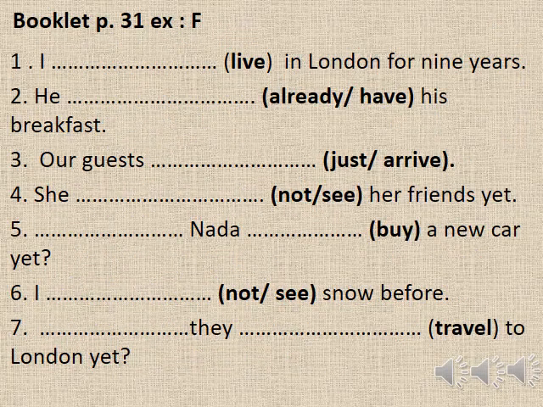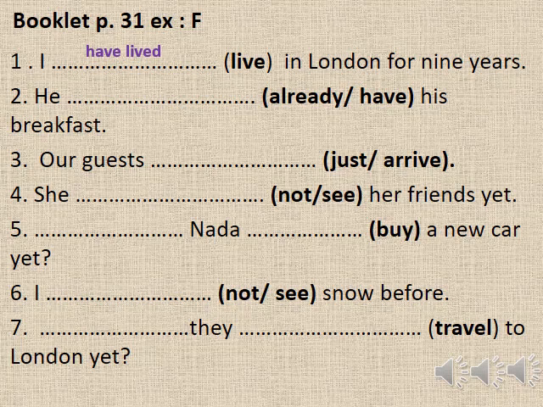Now open your booklet on page 31, exercise F. Correct the verbs between brackets. Number 1, I live in London for 9 years. So the answer will be, I have lived in London for 9 years. Second one, he already have his breakfast.